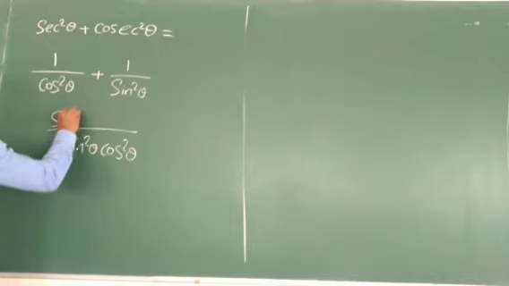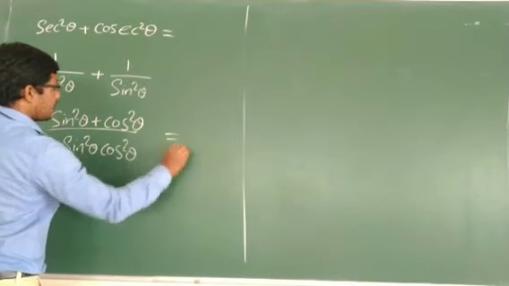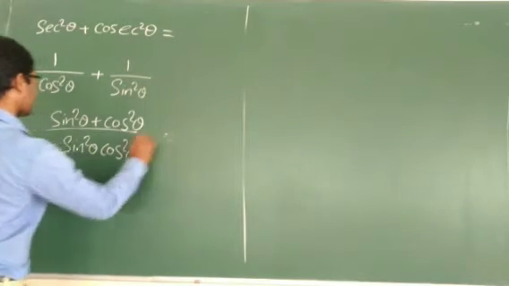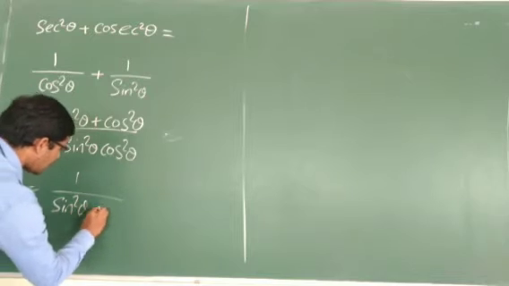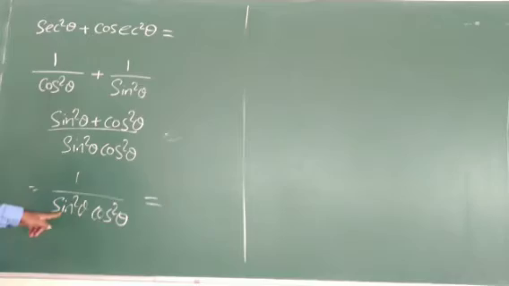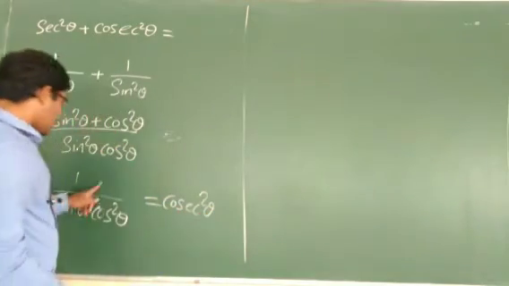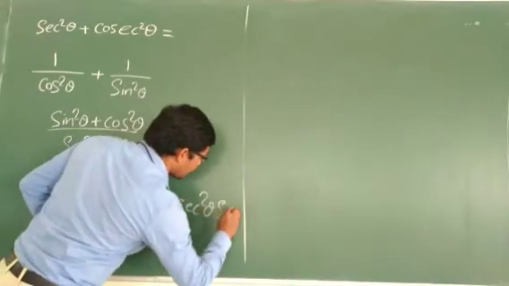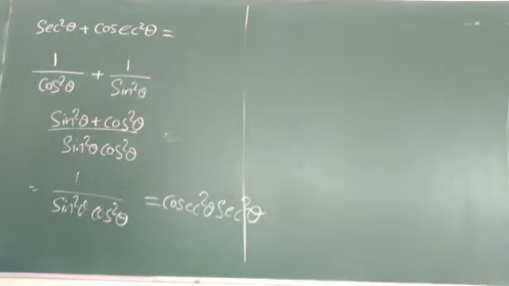In the numerator we get sin square theta plus cos square theta, so that is equal to 1 by sin square theta cos square theta. 1 by sin square theta is cosecant square theta, 1 by cos square theta is secant square theta. So the result will be secant square theta into cosecant square theta.